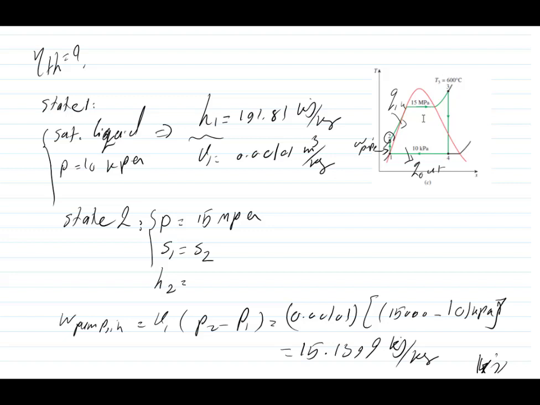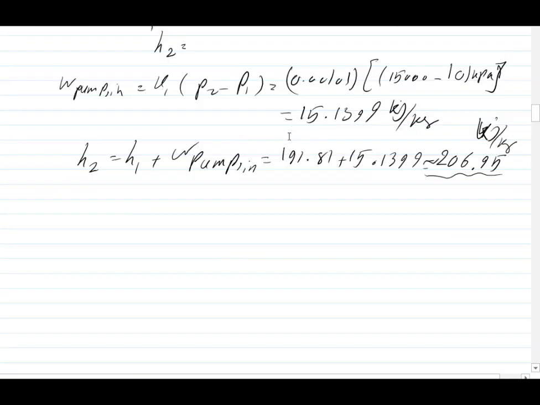So again, we can go to the thermodynamics table for superheated water or steam and find the enthalpy for superheated steam with temperature of 600 degrees Celsius and pressure of 15 megapascal.